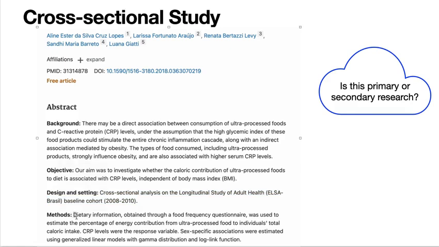So they tell you that this is a cross-sectional analysis of another data set. So first of all, if we're looking at another data set, is this primary or secondary research? Well, it's secondary research because we're looking at another data set, okay?